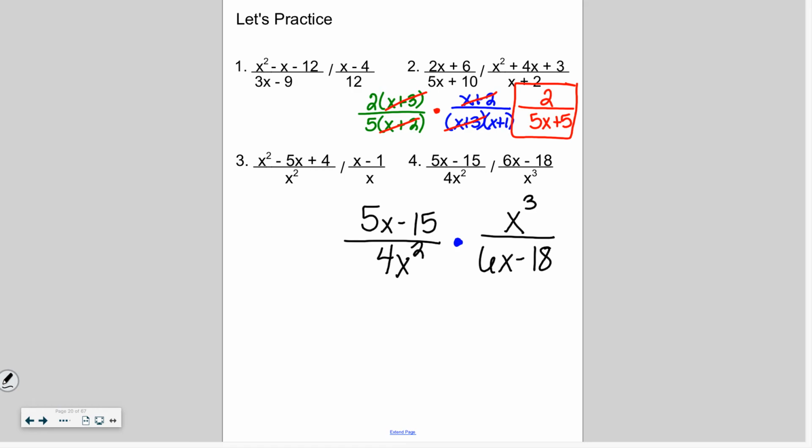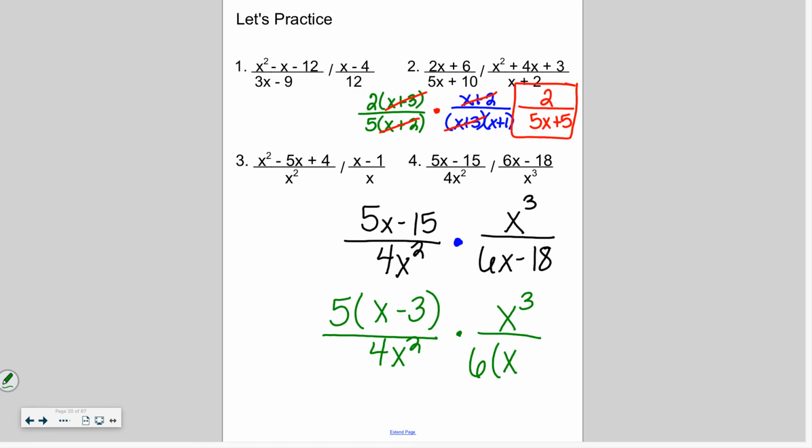Now I'm going to factor. So 5 and x minus 3 over 4x squared times x cubed over, and if I factor 6, x minus 3.